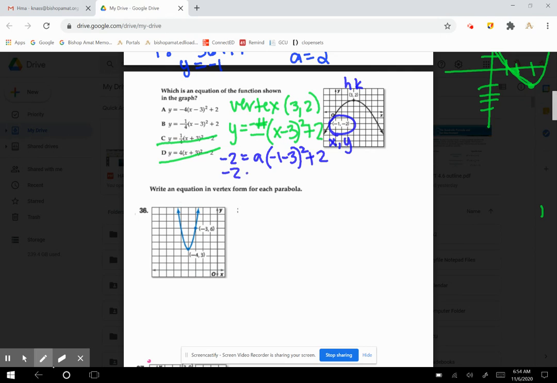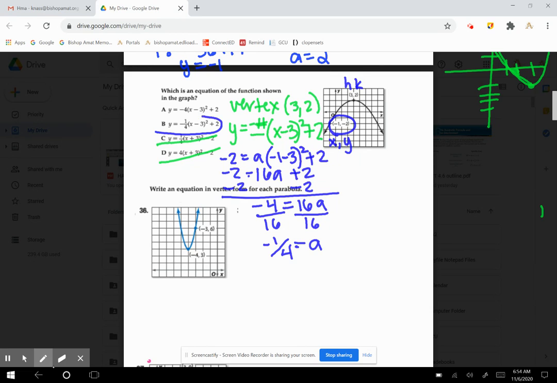So this is negative 2 equals, negative 4 squared is 16, 16a plus 2, subtract 2 from both sides. Negative 4 equals 16a, divide by 16, and a is equal to negative 1/4. So I can see that my answer is B.